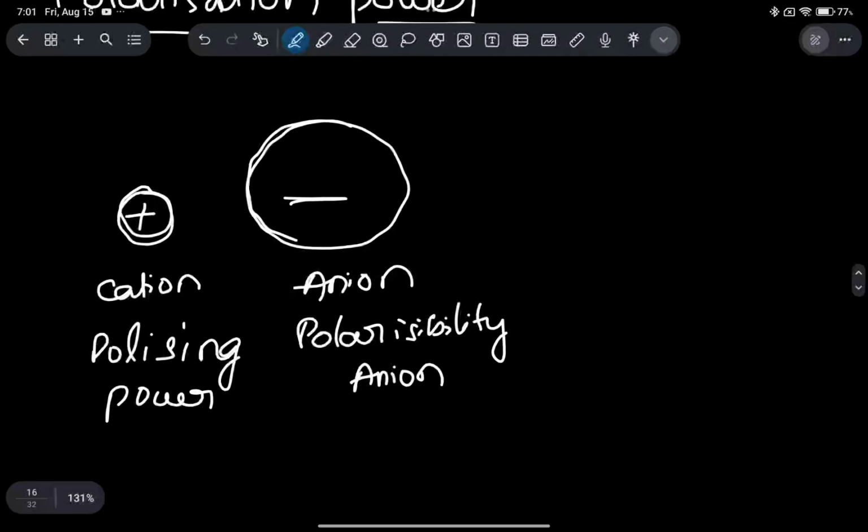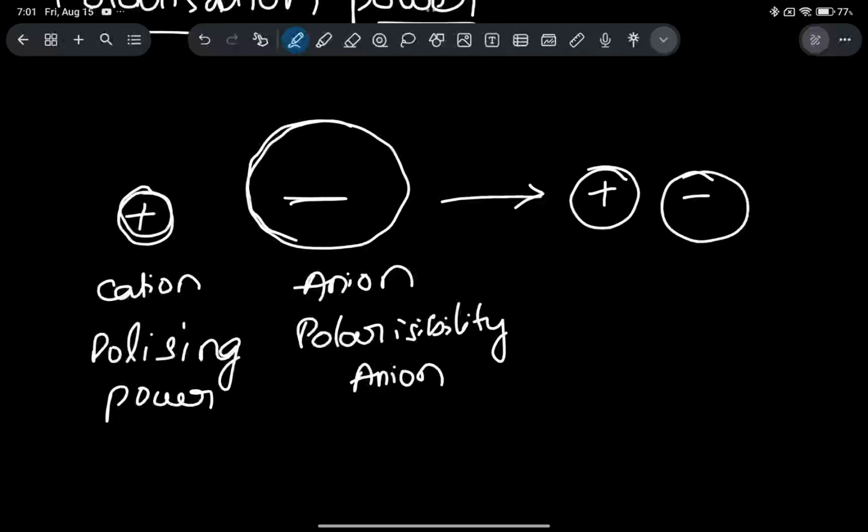Both of these will form some covalent character.